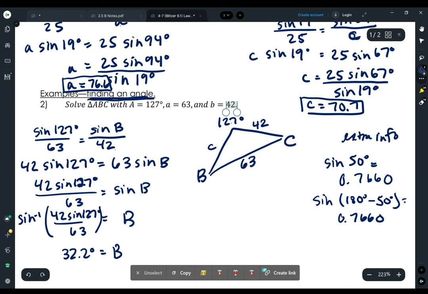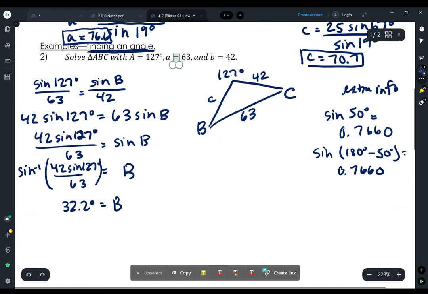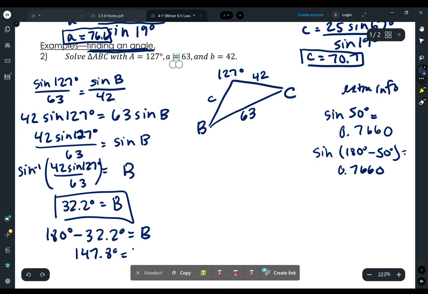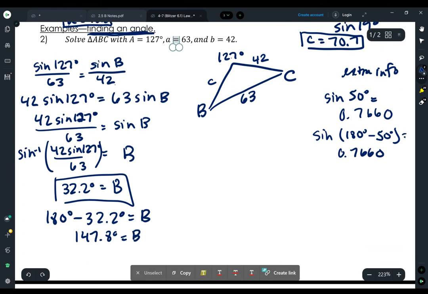Okay, so what I always do every single time on these problems now when I'm solving for angles with law of sines is I also figure out 180 minus that angle. And that would be 147.8 degrees. Now, does it work in the triangle? Does this also work?